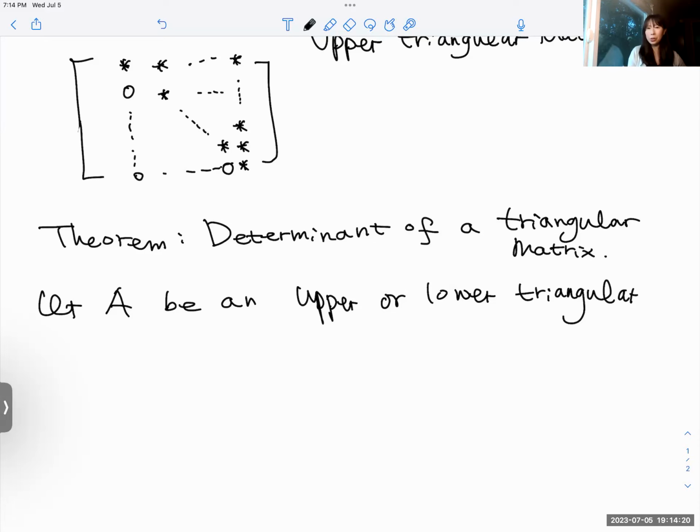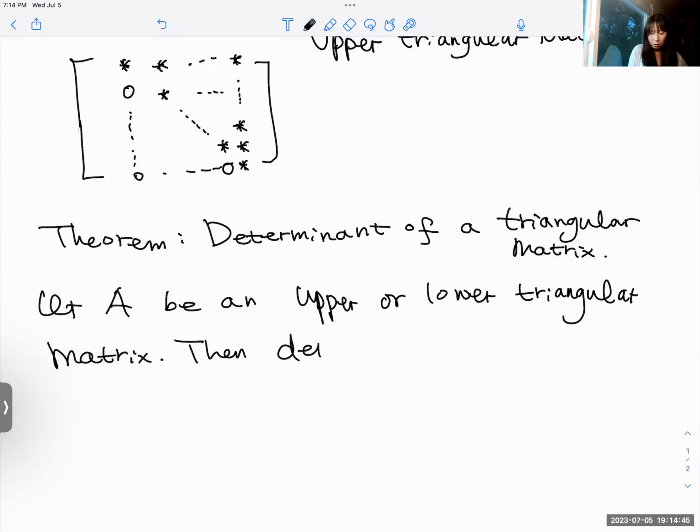We introduced upper and lower before, right? For a triangular matrix, just draw the triangle with the numbers. So for instance, here, that's why it's upper. If we have numbers there, then it's lower triangular matrix.